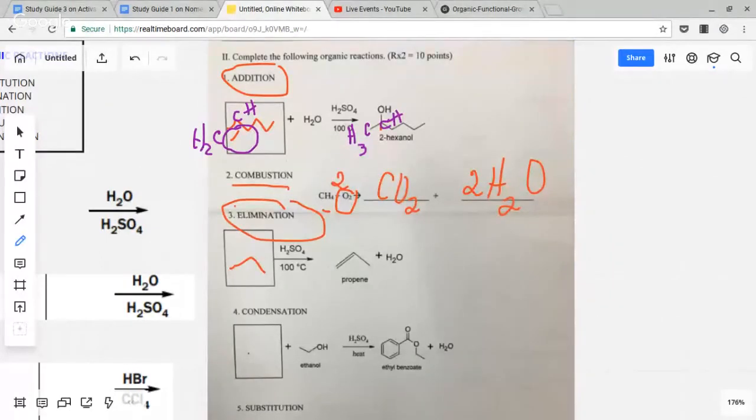But in this case, you are forming H2O. So what could be our attachment to propane so that you can form your water? And of course, if it's water, you always have OH and H. So you have to start with your 2-propanol.